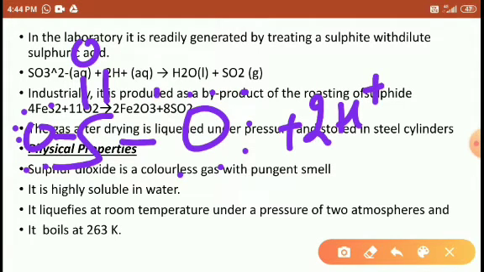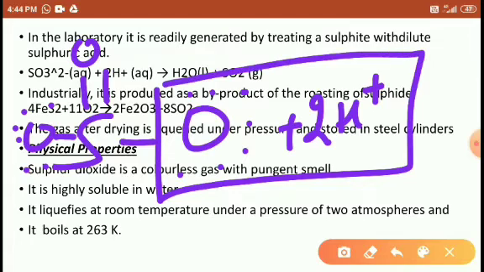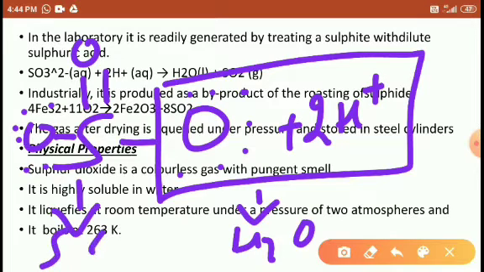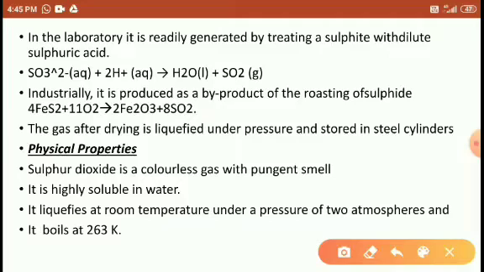So hydrogen attacks one oxygen, eliminating H2O, and it turns into SO2. Right students, understood? Industrial method: ferrous sulfide treated with 11 moles of oxygen turns into ferric oxide and 8 moles of sulfur dioxide. This is one more method of preparation of SO2.